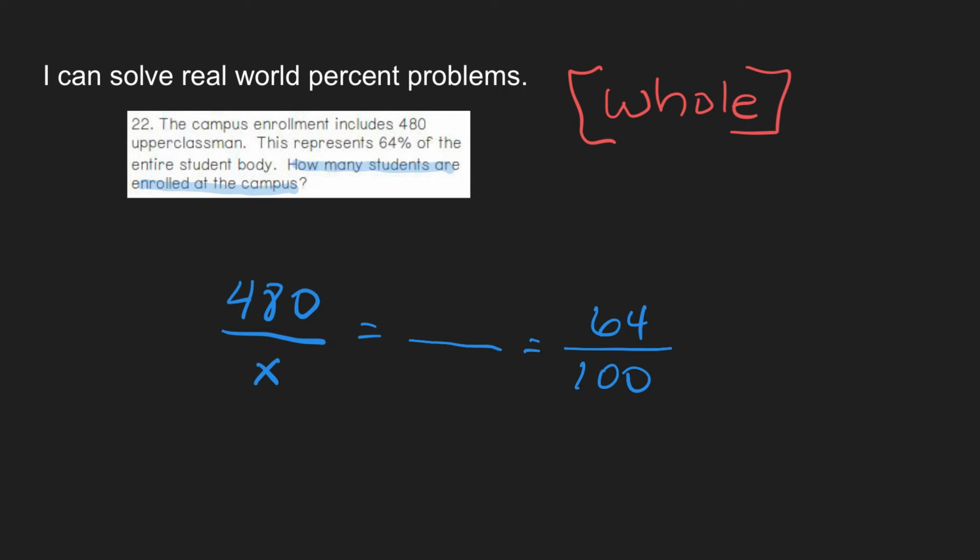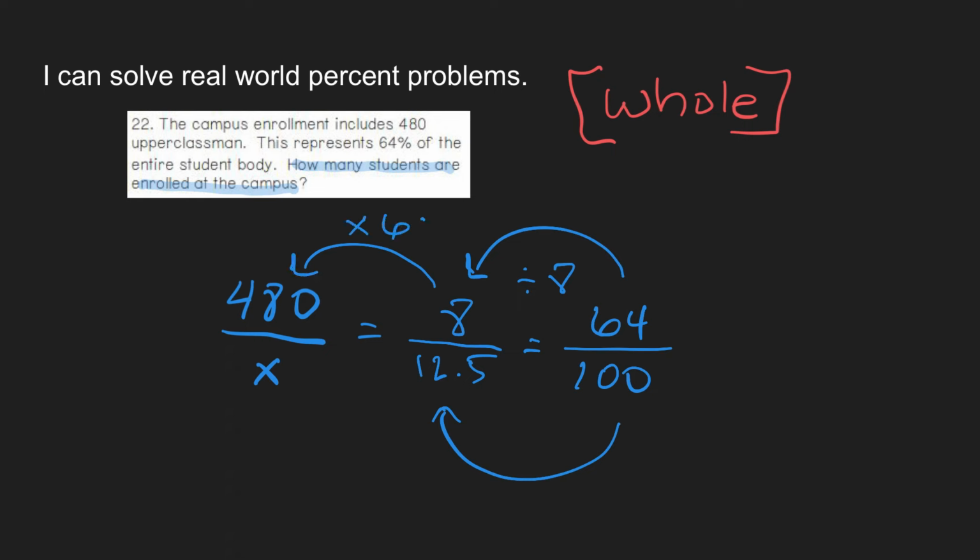So if I divide by 8, I would get 8 on the top. So if I divide this by 8, we get 12 and a half, because we know that 1/8 is 12 and a half. Then I could go from here to here times 60, and then do this times 60, which is 12 and a half times 60.